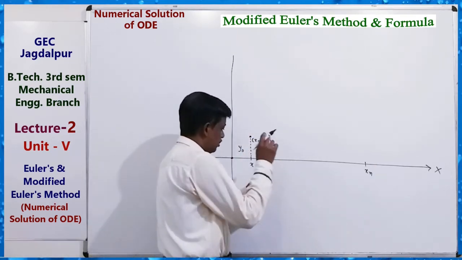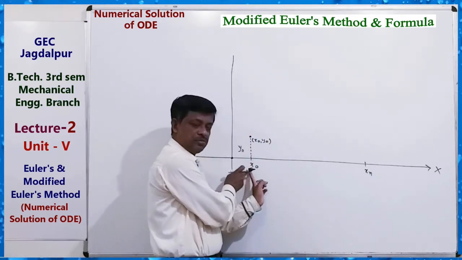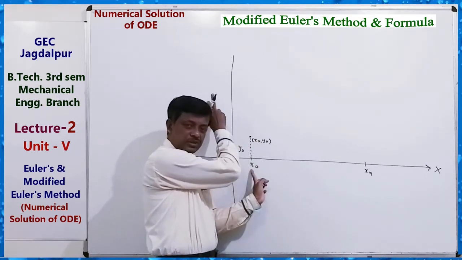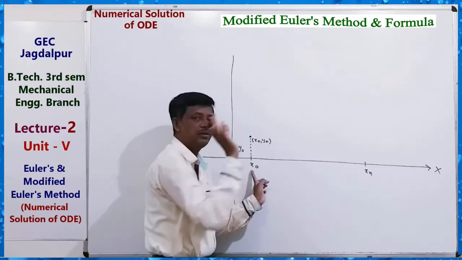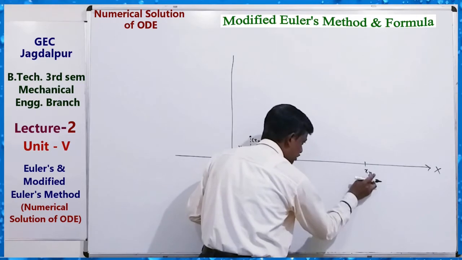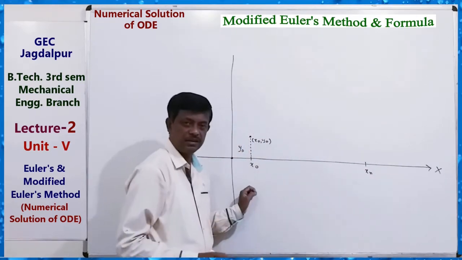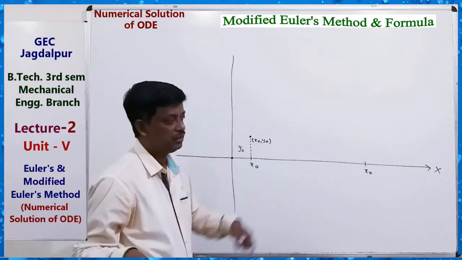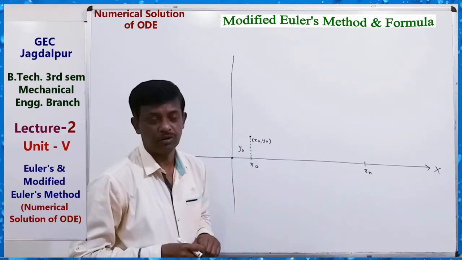For x0 the value of the function is y0, given as the initial value, and for x equal to xn we have to find the value yn. That will be our accurate value.